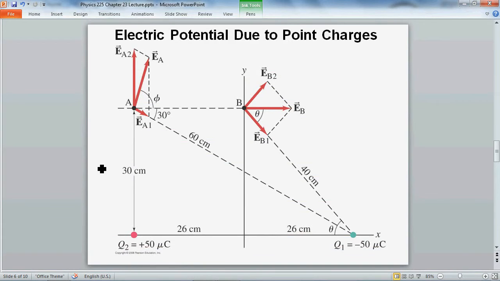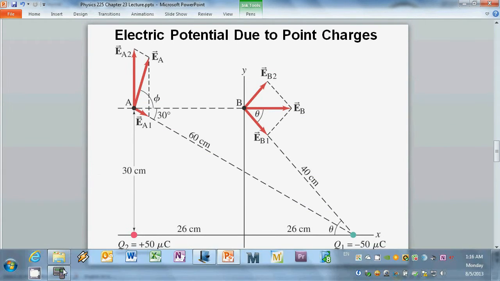I'm going to bring up this diagram, probably recognize it from chapter 21. What we're interested in finding is the potential at point A due to the 2 charges and the potential at point B due to the 2 charges. We're going to look at this in 2 different ways to show that either way you calculate it, it will come up correct, as long as you do the math correct.